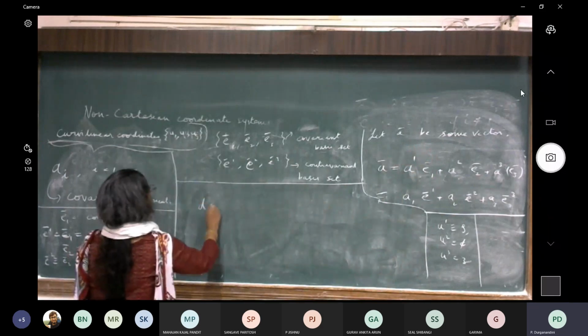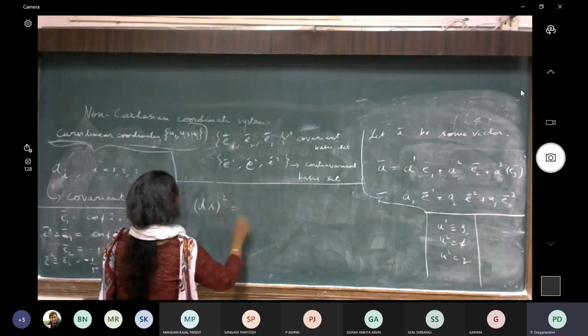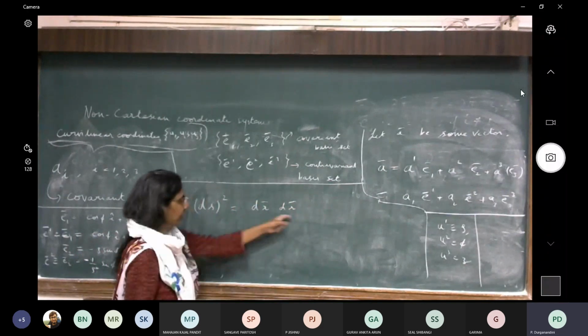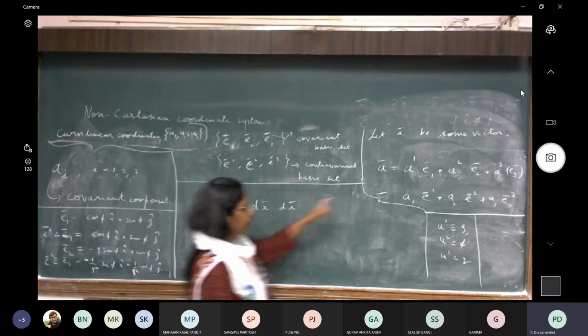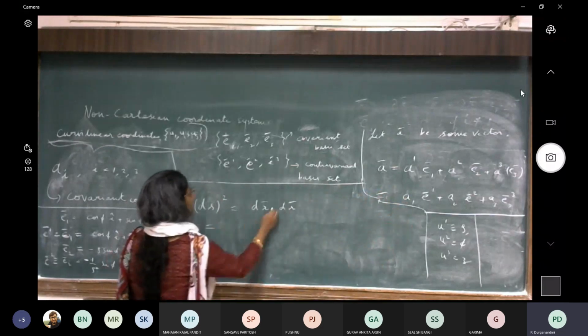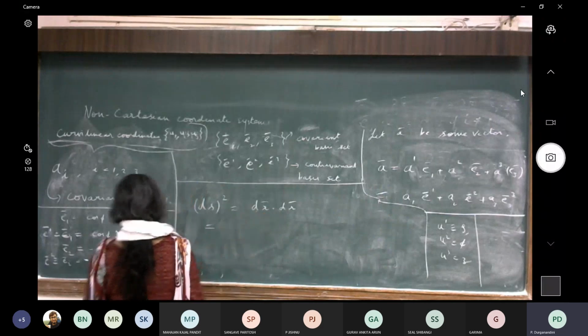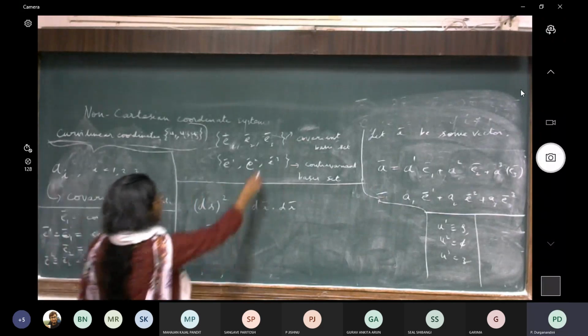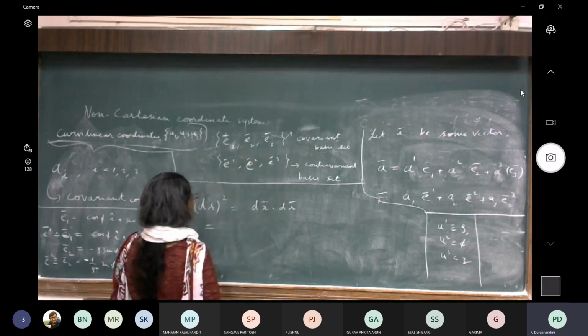Now let's go back to asking what is the magnitude of the displacement. I already showed you that dr, because it is after all a vector, can be expanded in either of two ways. Suppose I make the expansion in terms of the covariant basis.